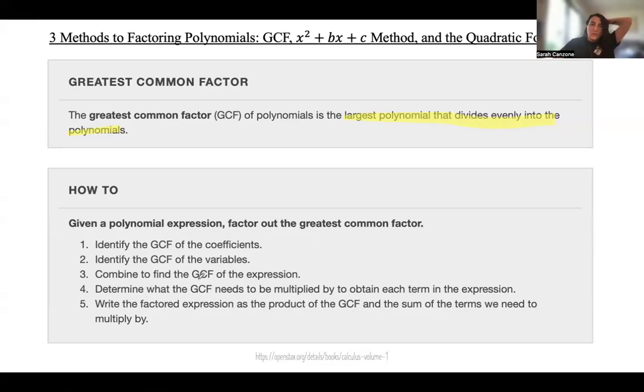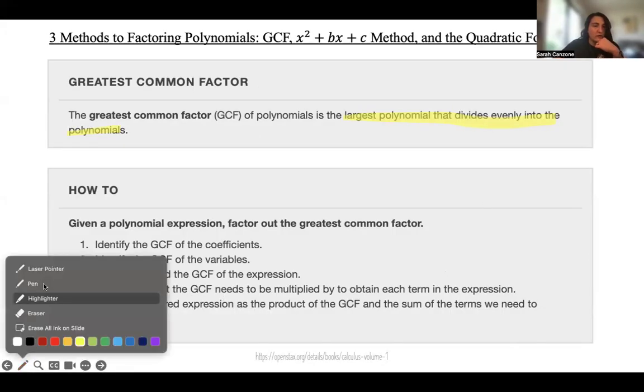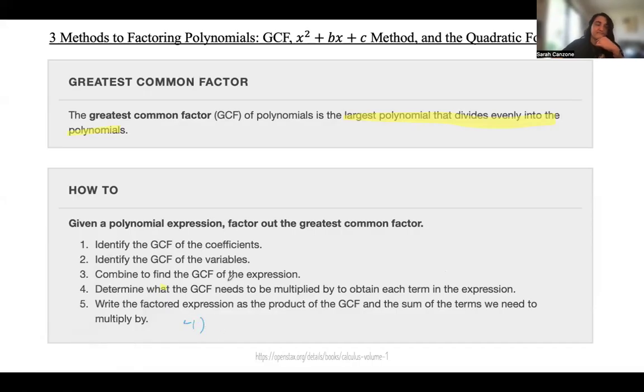And then once you go ahead and find that, this does say to determine what the GCF needs to be multiplied by, but essentially what it means is another way of saying 4 is to divide the GCF out of the given polynomial.